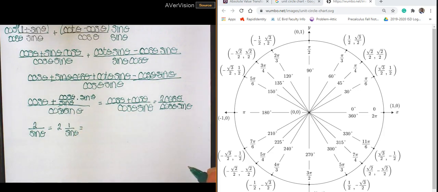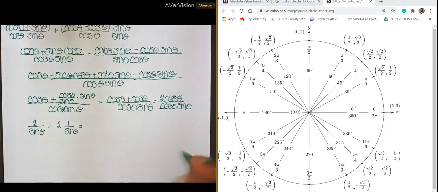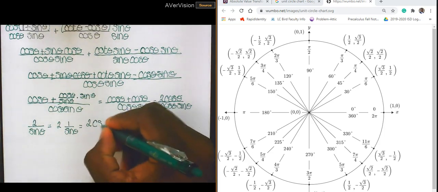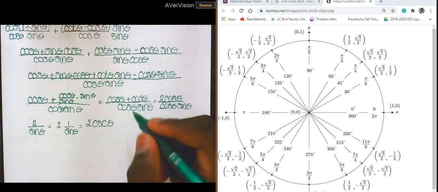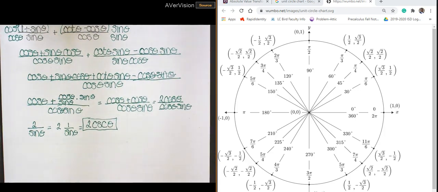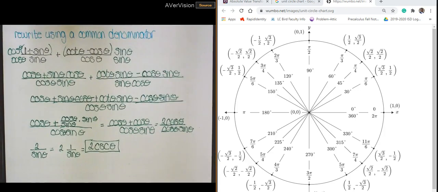What is 1 over sine? Cosecant. So this whole fraction simplifies down to 2 cosecant theta.